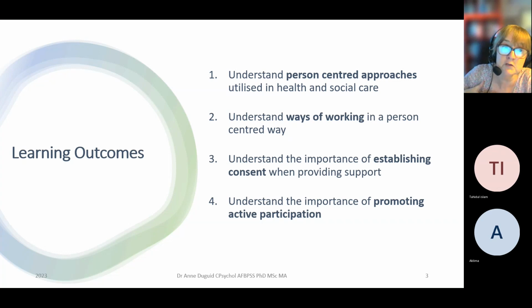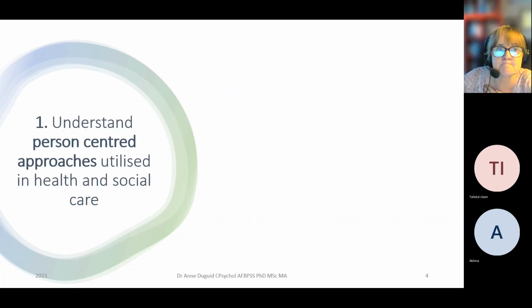Because remember, often when we're dealing with clients in a health or social care setting, we can be working with people who are incredibly vulnerable or have limited communication. So we still need to think about how we find the methods or the means to get them to be able to say, I was part of this decision-making process.